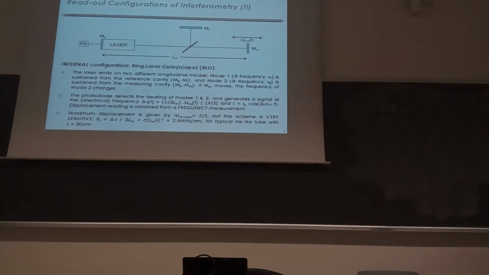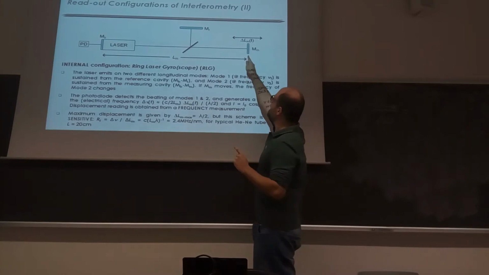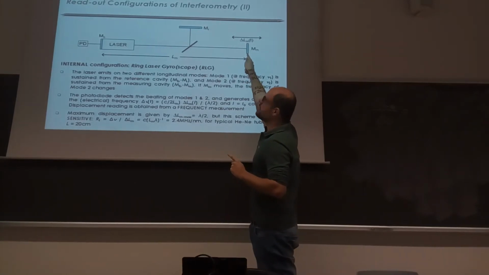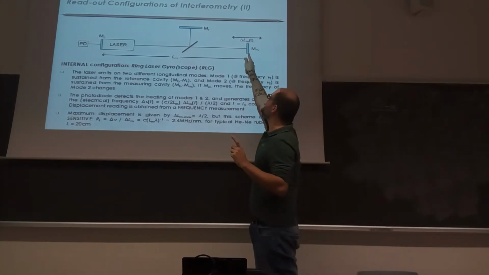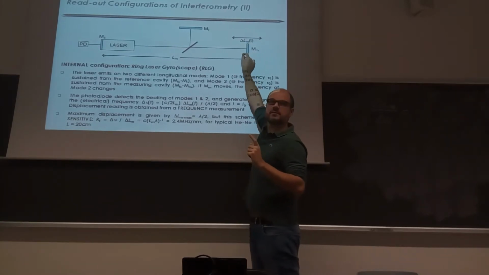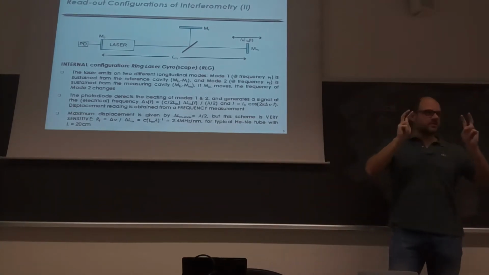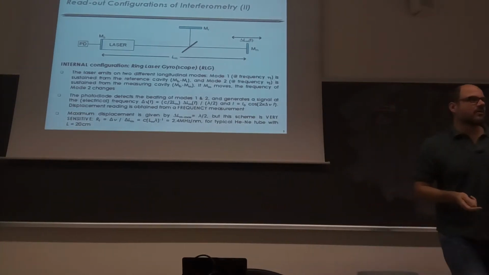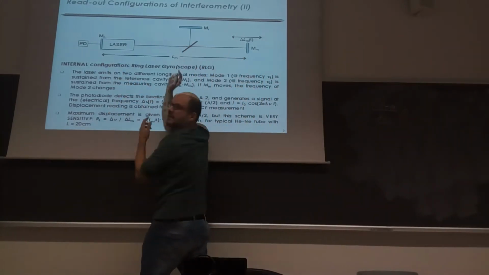In your opinion, if we use this setup and I move this mirror, the frequency of the mode changes. But what is the maximum displacement of this mirror to avoid ambiguity in mode selection? What is this cavity? This is a Fabry-Perot cavity.